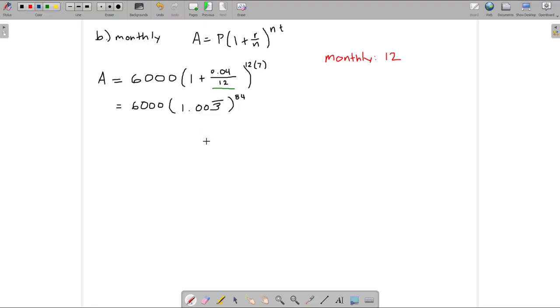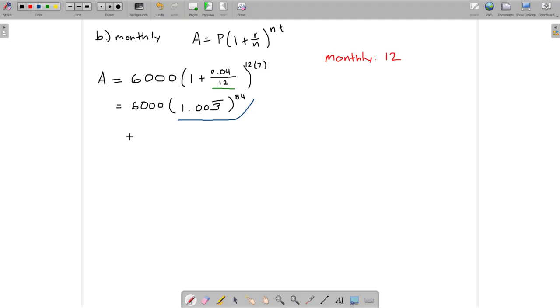So next, we're going to want to take this 1.003 repeating to the 84th power. So go ahead and do that. And then again, I have a long decimal number. So at this point, I will just multiply it by the 6,000 to avoid rounding until the very end.